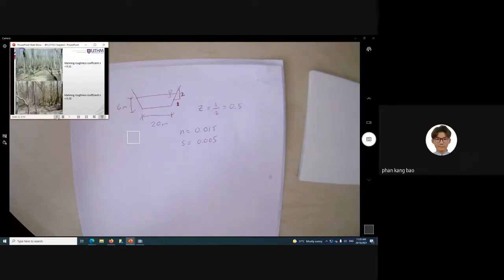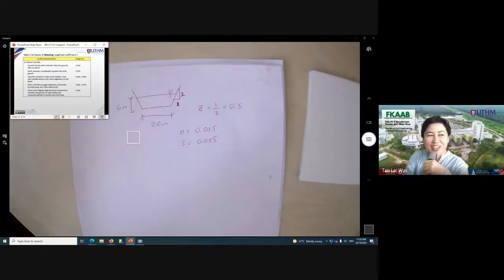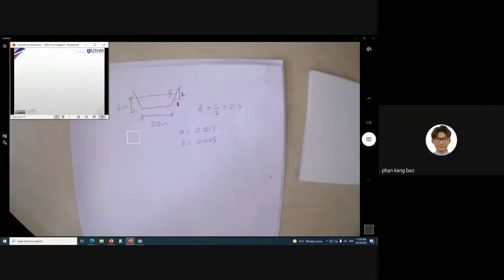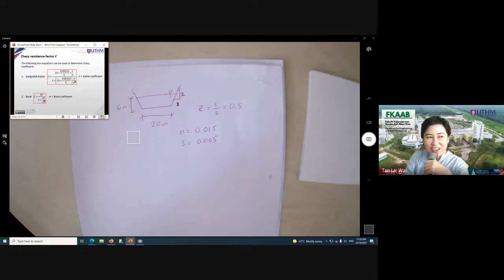We should find the area first. Okay, area first. Why? Because in order to calculate the velocity, we have to get our area and the wetted perimeter. Yes, you are right. Actually, we need the area and wetted perimeter because we also need to calculate the Ganguillet-Kutter Chezy coefficient.